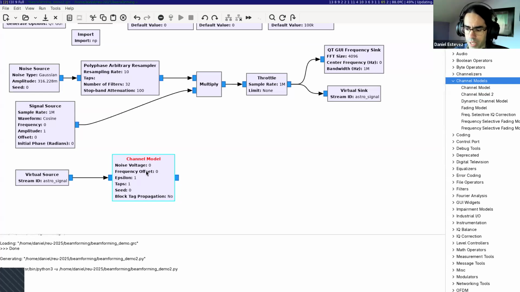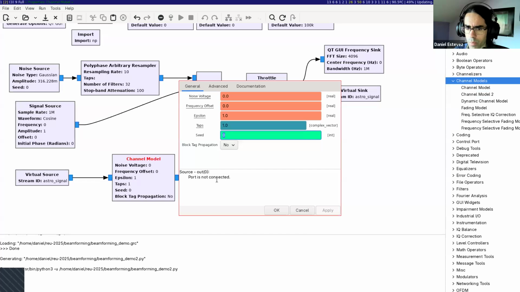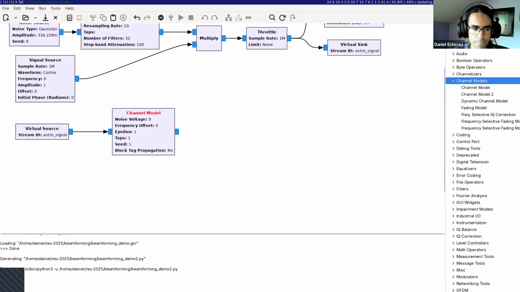In the real world, if we have two receivers, the receiver noise on each of them is uncorrelated. It is statistically independent because it's generated by different electronics on different receivers. They are physically separated. So the bottom line is we need to use different seeds, and the number doesn't matter as long as they are different. So I'm going to put 1 here.